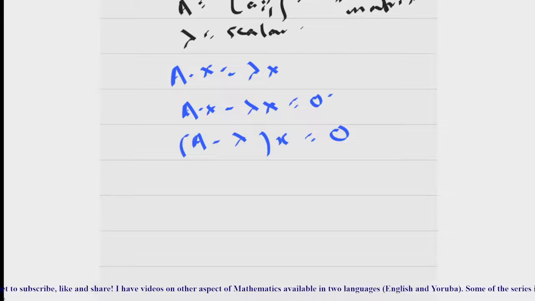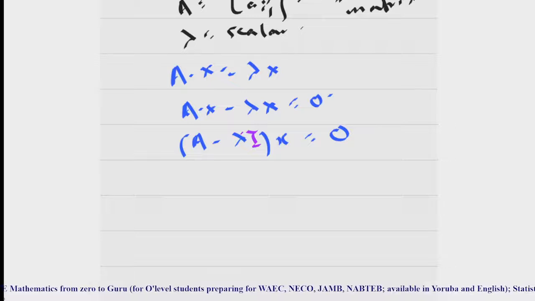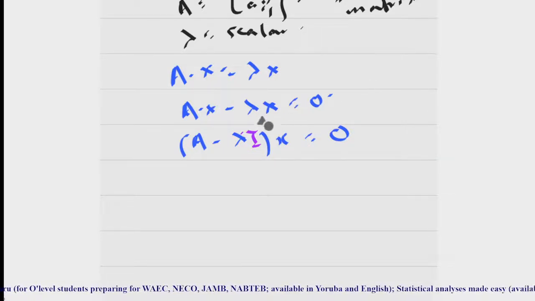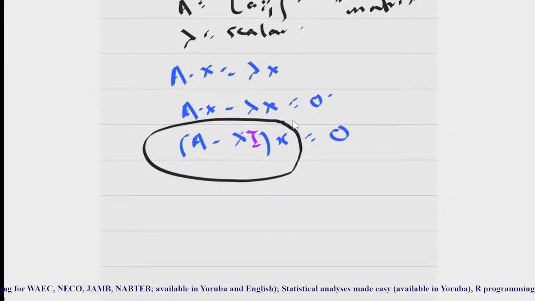So it means you are going to turn this scalar into a matrix. And how are you going to turn a scalar into a matrix? You simply do that by multiplying it by an identity matrix, a unit matrix or an identity matrix. If that is clear, you will now see that I have an expression on my left hand side of this nature.